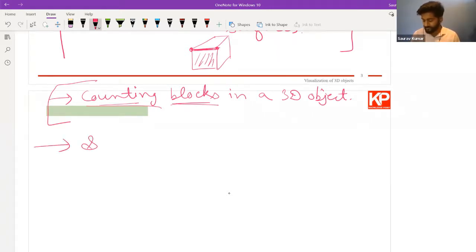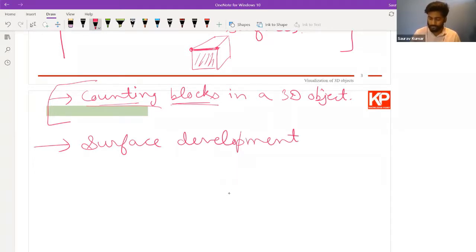Then we have surface development. Surface development is the technical term that we use. For easy understanding, you can think of folding and unfolding.